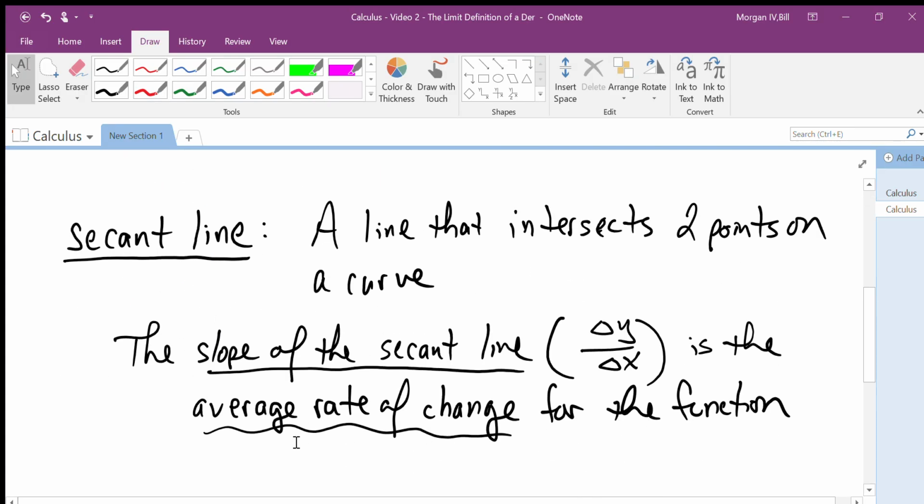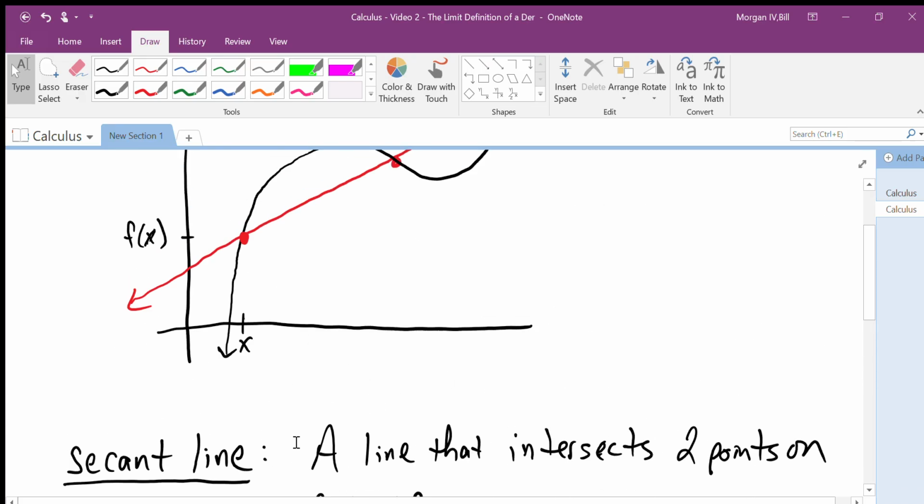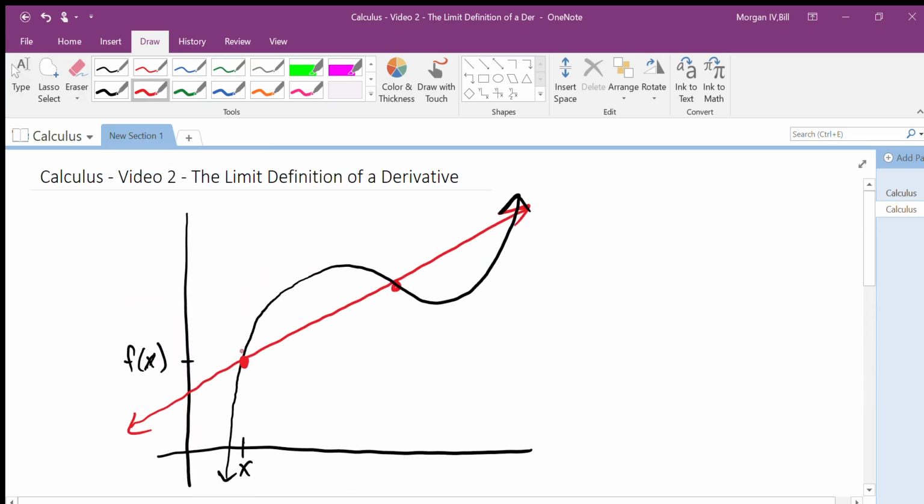It turns out that the slope of the secant line, the change of y over change of x, so we're talking about the change of y, the vertical distance from the left point to the right point, divided by the horizontal distance, the change of x, that is the slope of the secant line.